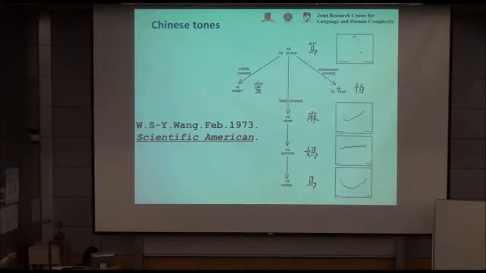Then, by using different pitch patterns, for instance here, ma with a high falling pitch pattern means scold. With a rising pitch pattern, ma means hemp. With a high level pitch pattern, ma means mother. And with first falling, then rising, a dipping pitch pattern, it is ma, horse. So this is the tone pattern in Mandarin.